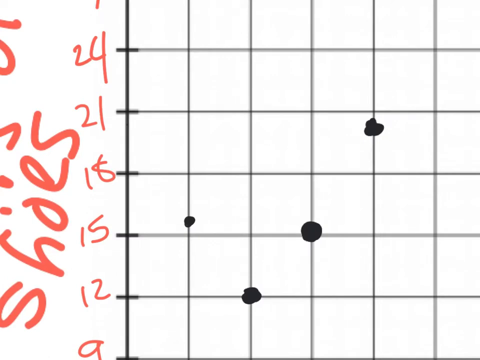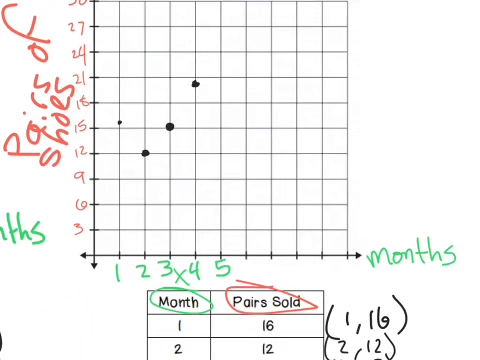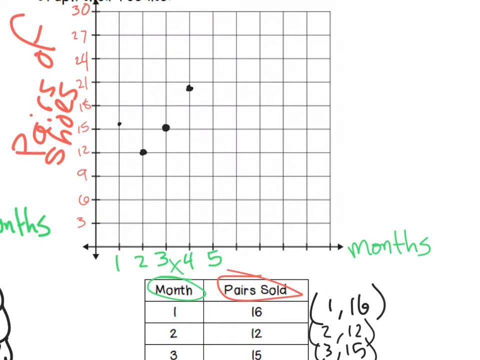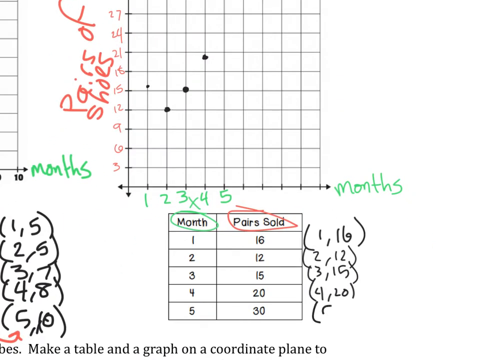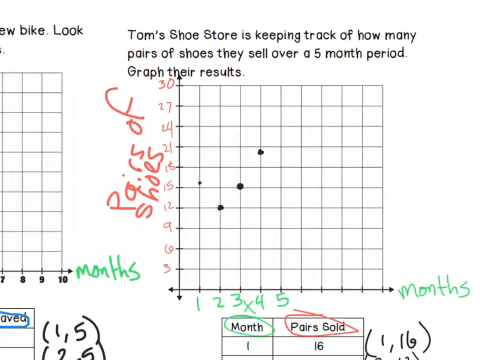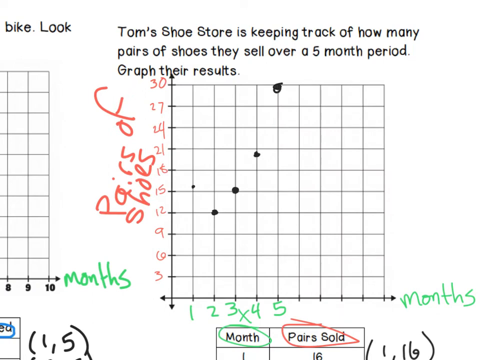So there's 21, just below it would be 20, so I just kind of went over right there. That represents 20, that's fine. Now, we also have the coordinate point 5, 30. Let's go ahead and do 5, 30. 5, 30 is way up here.